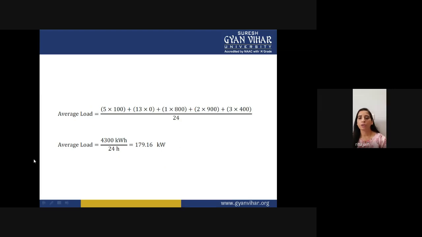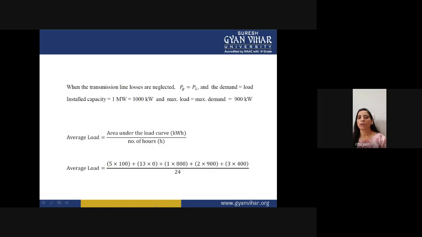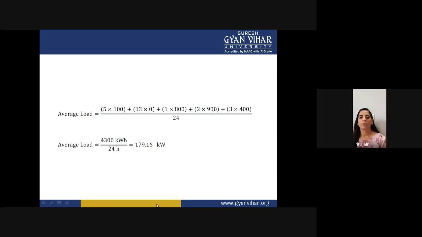For this question, the maximum demand is 900 and the average load is 179.16 kilowatt.